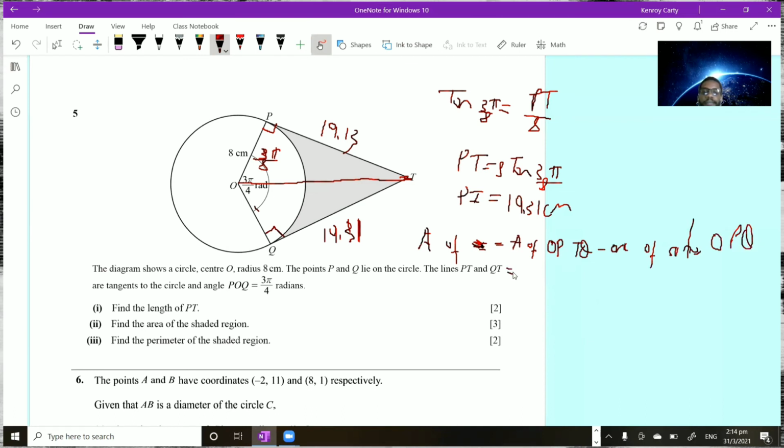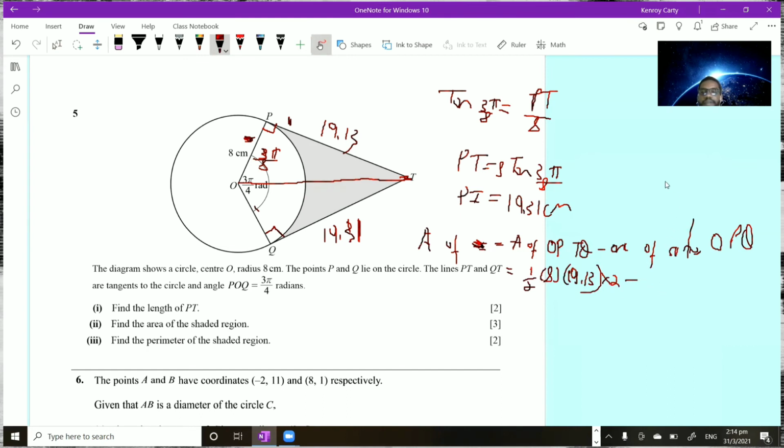Now the area of a triangle is half base times height. All right, we can treat this as a base, we can treat here as a height. So it's going to be half times 8 times 19.31, of course, times 2. How do I get area of a sector when the angle is in radians?